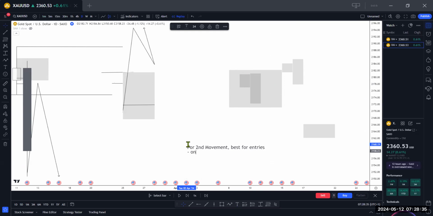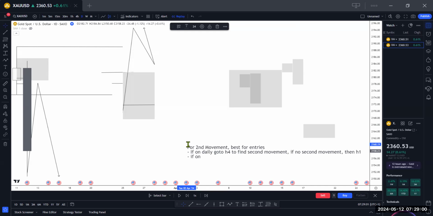If on daily, go to H4 to find second movement. If there's no second movement, pardon my English, guys, go to H1.